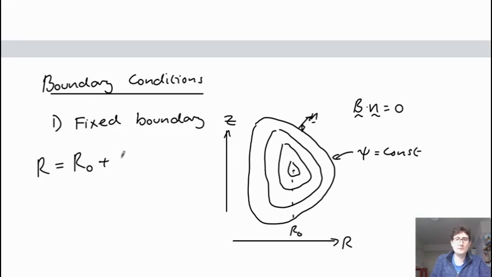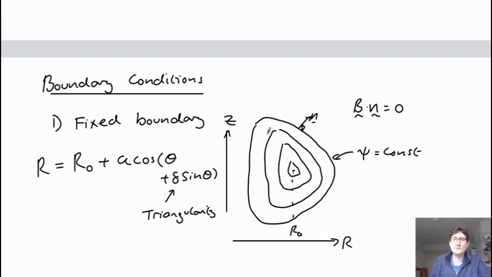Then we have a minor radius. So it's major radius, minor radius. So it's cos theta plus delta times sine theta, where delta here is the triangularity. So it's what results in this D shape.